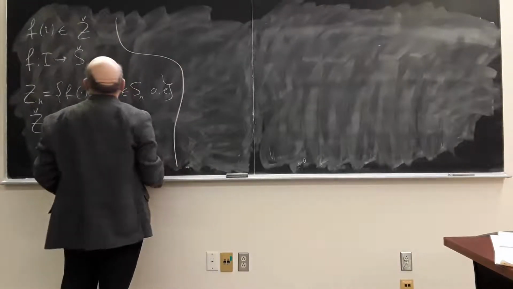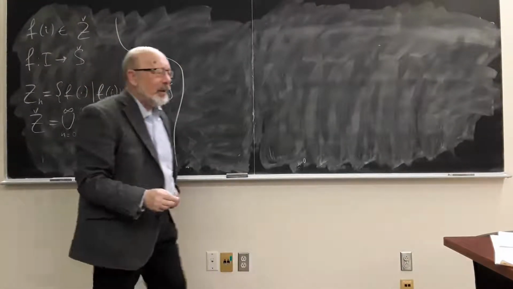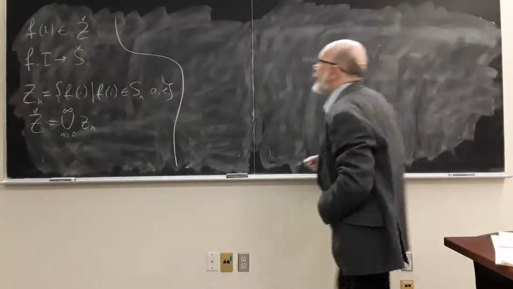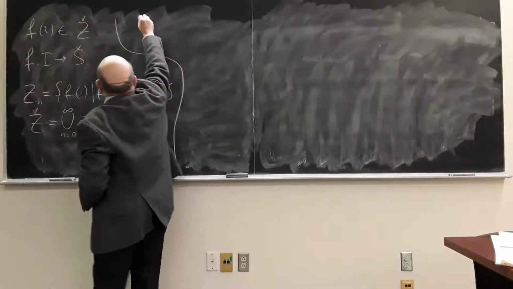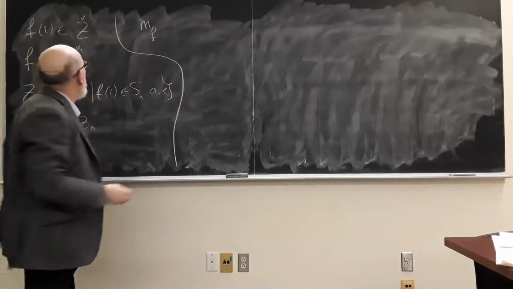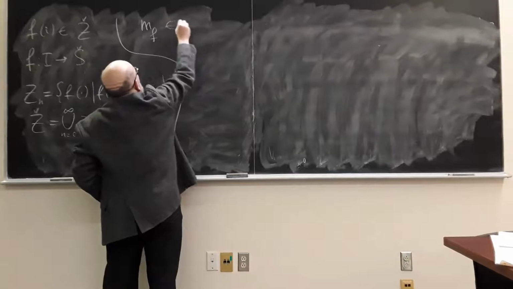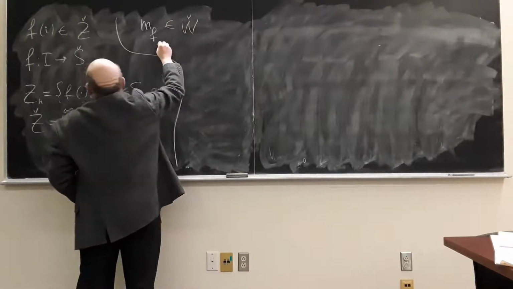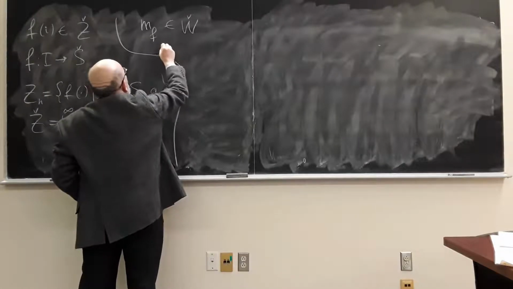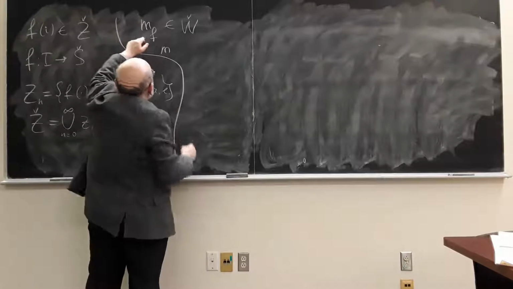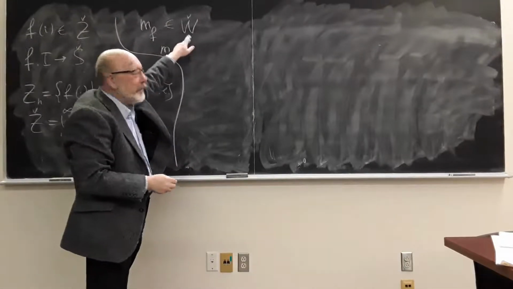On the other hand, we have the strange objects MF, which are elements of W. So for any F in Z, we have some MF we have defined.